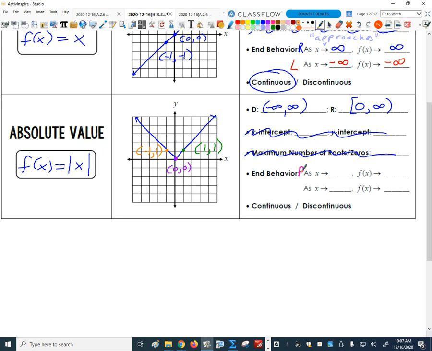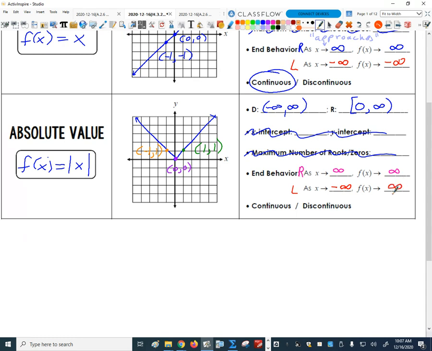Okay, so as x approaches infinity, because we're going to the right forever, what does f of x approach? Infinity. Good. What about my left end behavior, Maria? As x approaches negative infinity, f of x approaches infinity.